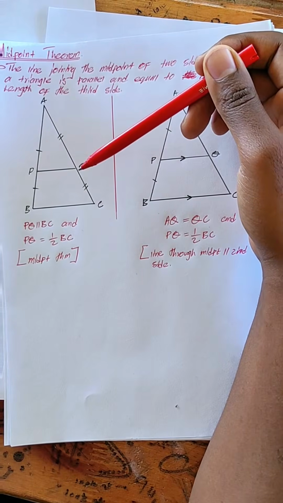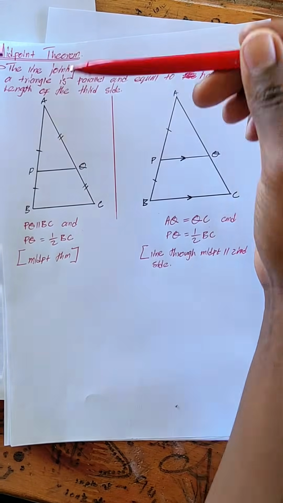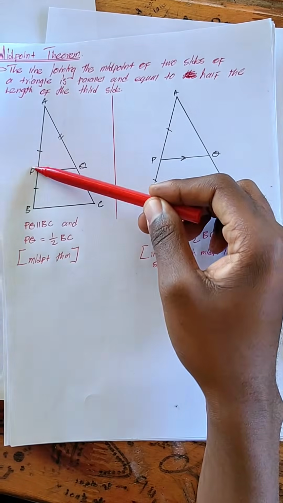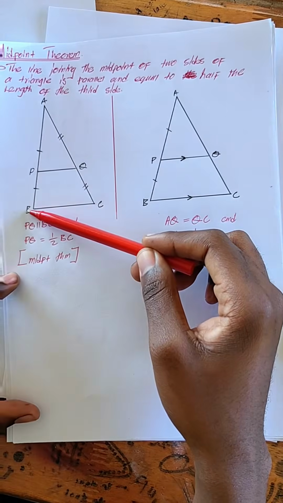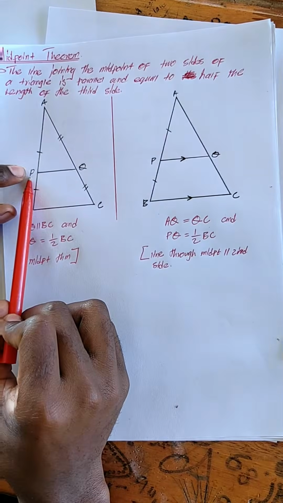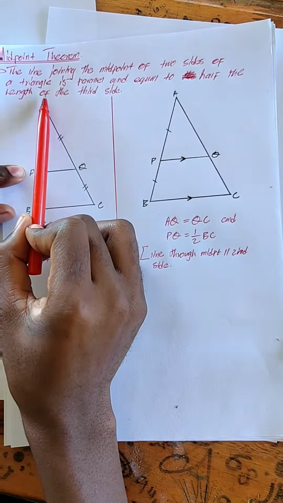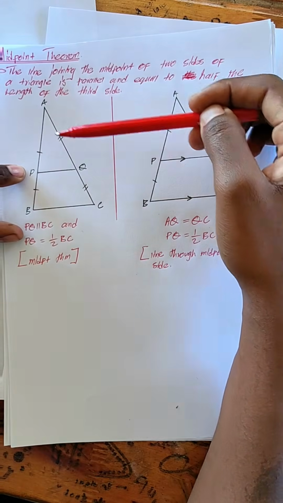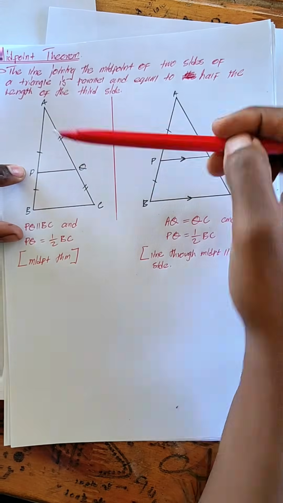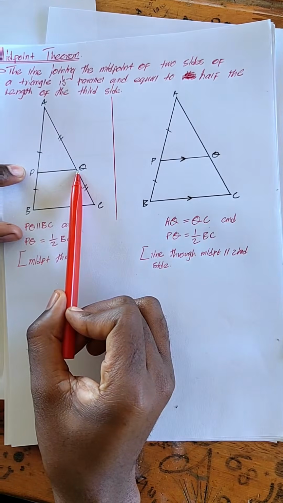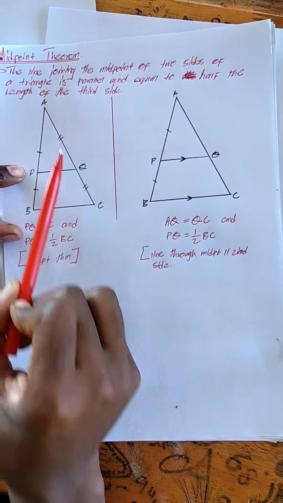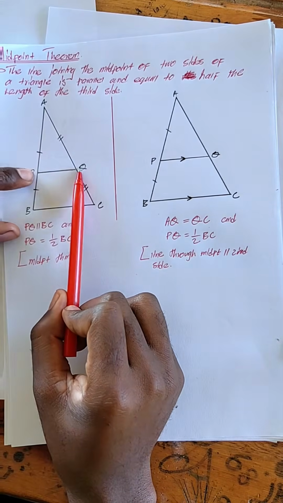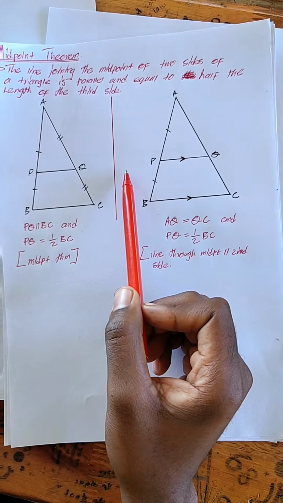This is what the midpoint theorem is stating. Since AP equals PB, P is the midpoint of AB, and since AQ equals QC, Q is the midpoint of AC.